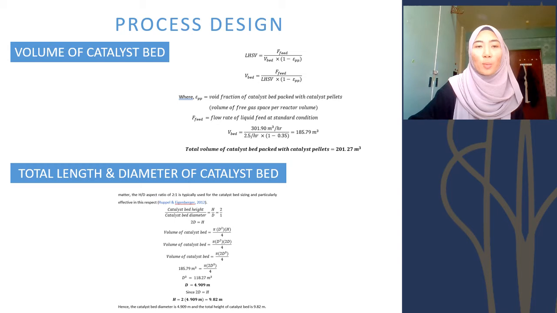Meanwhile, from the volume of catalyst bed, we can calculate the total length and diameter of the catalyst bed with the length to diameter ratio of 2 to 1. As we can see, the diameter obtained for the catalyst bed is 4.909 meter, meanwhile the height is 9.82 meter.